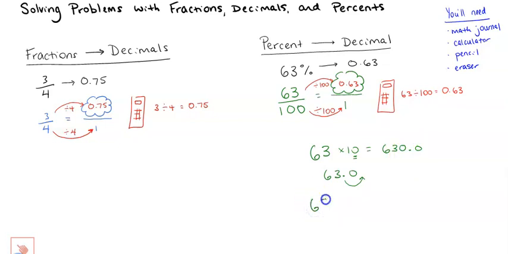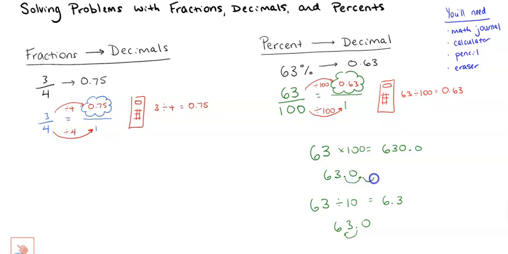If we divide by 10, we actually move the decimal place in the opposite direction. We get 6.3. If we multiply by 100, we would actually move the decimal place twice.